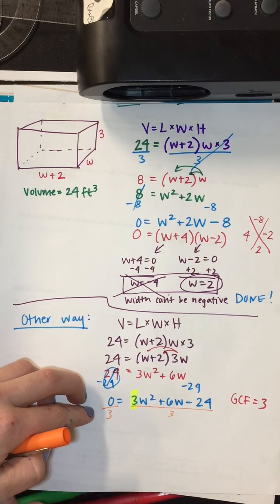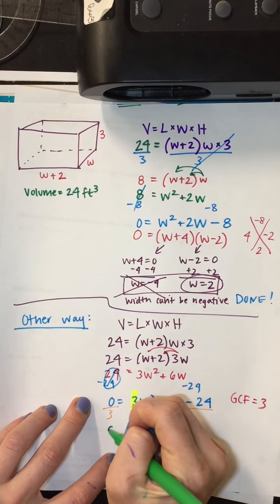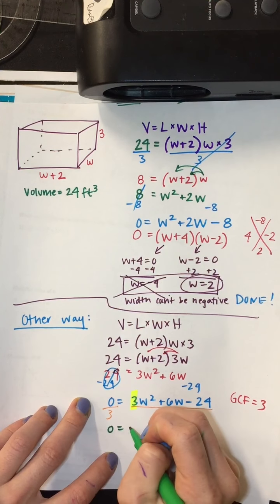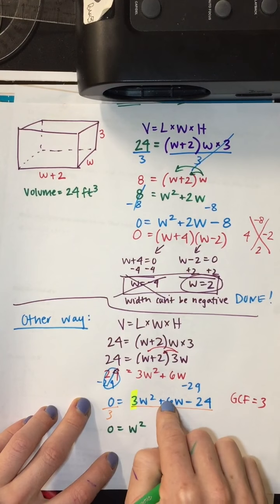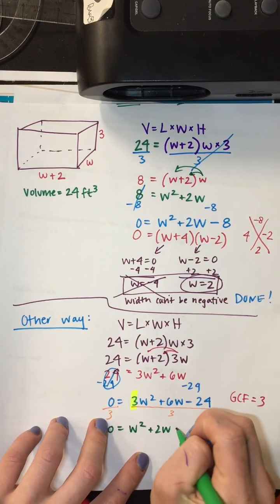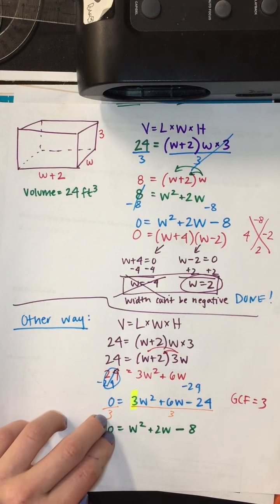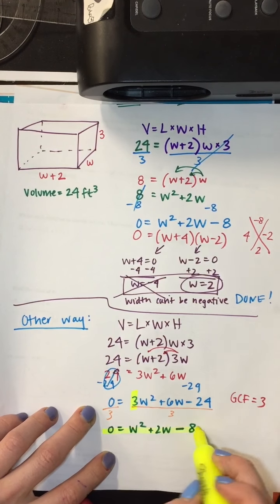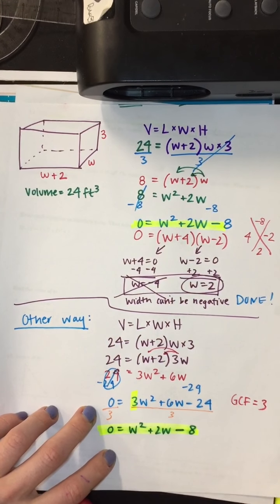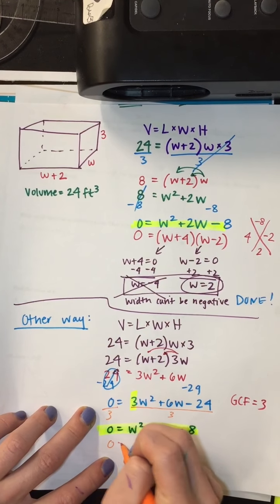0 divided by 3, well, that's just 0. And then I divide each one of these terms. 3 divided by 3 is 1, so that's just W squared, plus 6 divided by 3, that's 2W. 24 divided by 3 is minus 8. And this is now the same step as I had right here. And then I can keep going. I factor it.